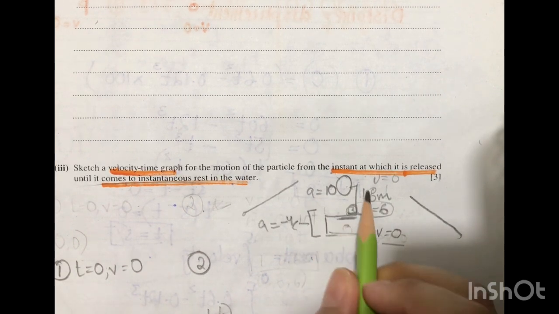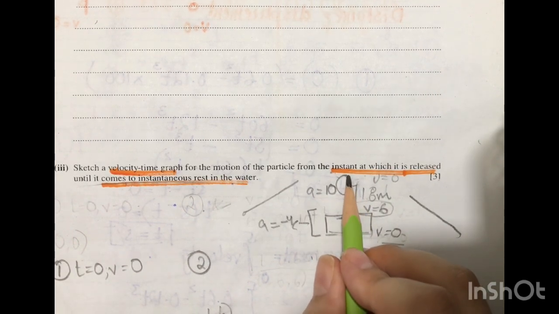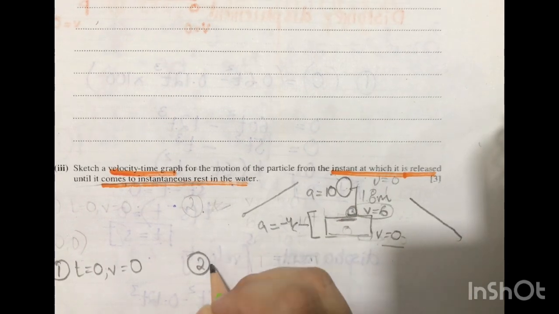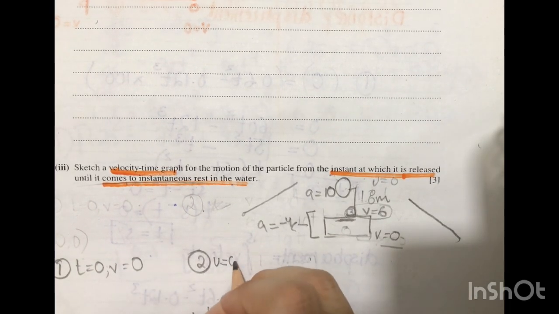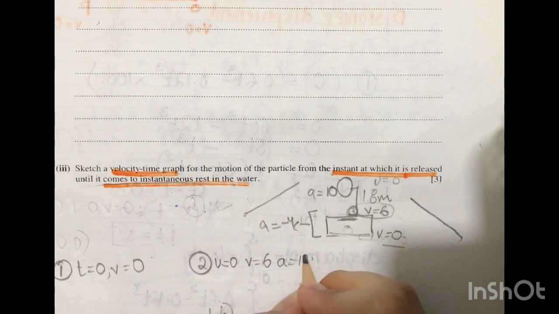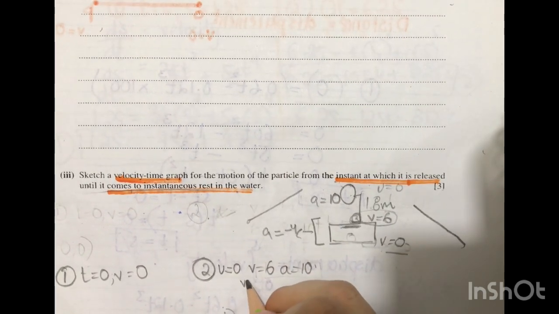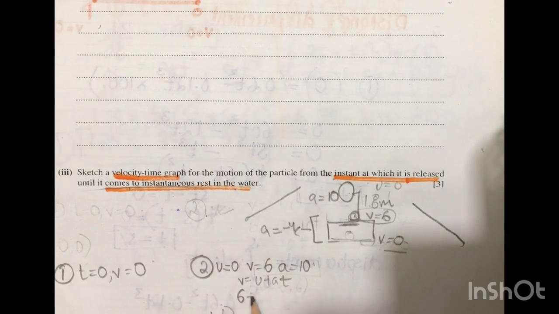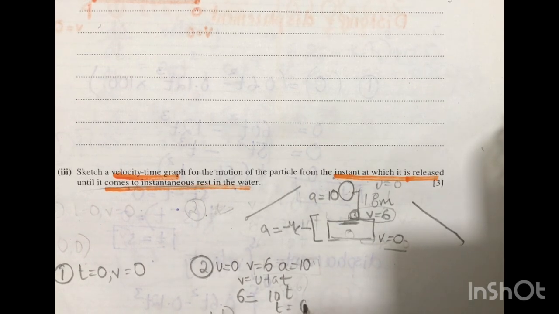So we need to find out the total time it took from this point until the particle reaches the surface of the water. So we have the initial velocity, which is 0, the final velocity, which is 6, and the acceleration, which is 10 due to gravity. So we can use this formula, v is equal to u plus at, and you plug in the information. So it takes 0.6 seconds.